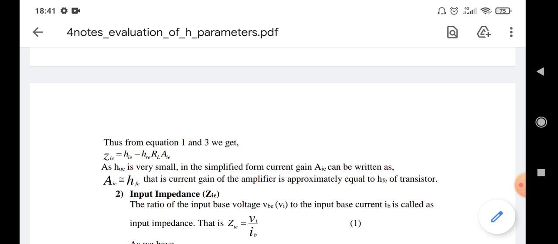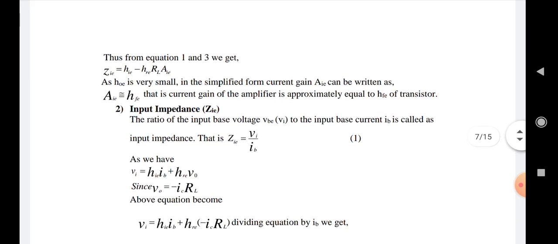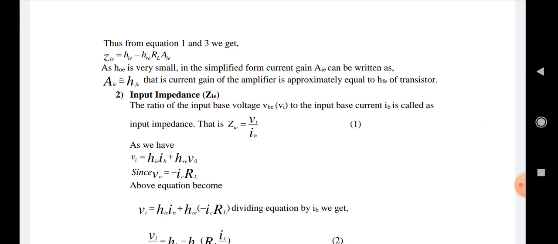Okay, then we discuss the second point, input impedance. It is denoted by ZIE, and as per the equivalent hybrid parameters, input impedance is the HIE.